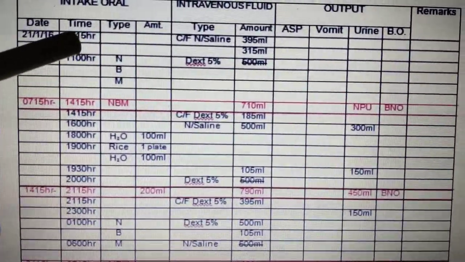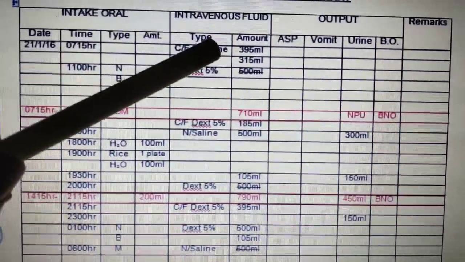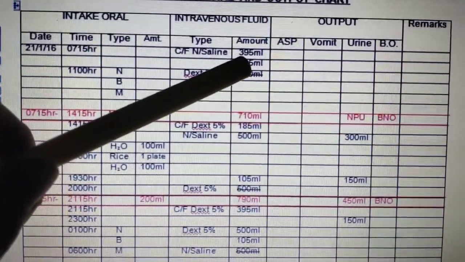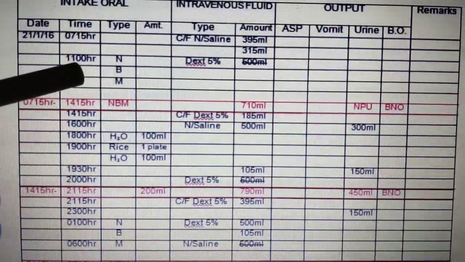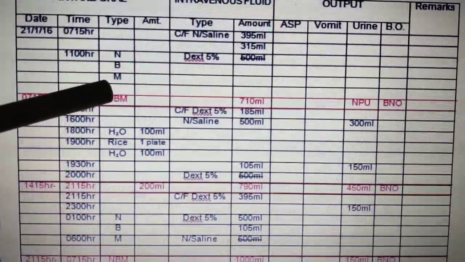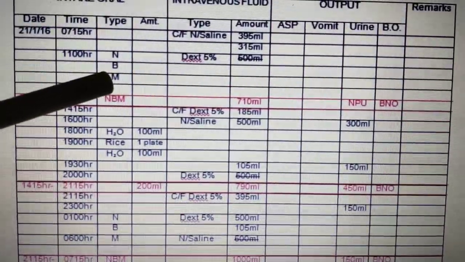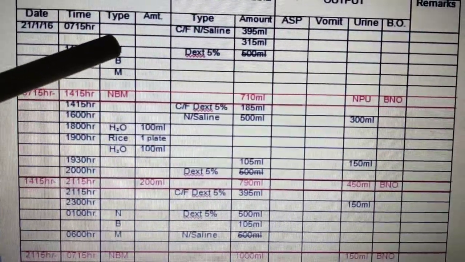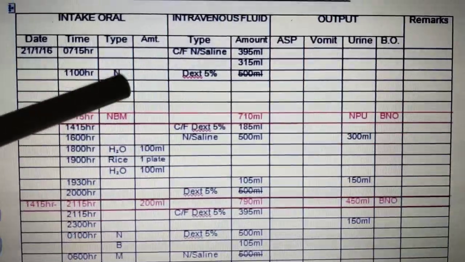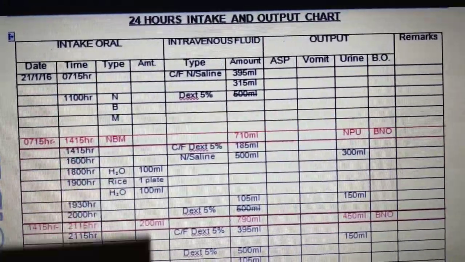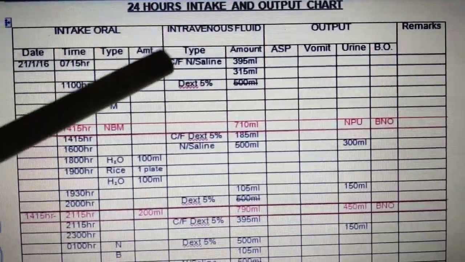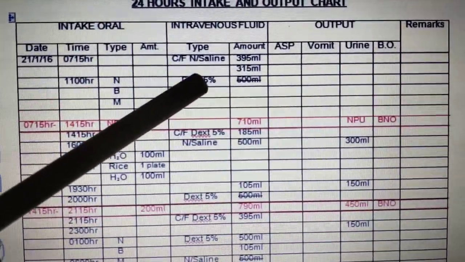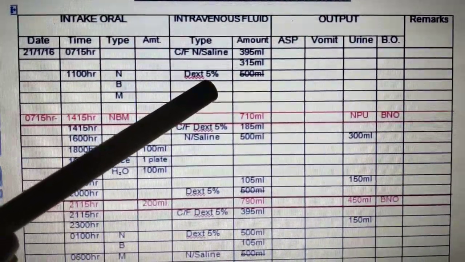See, at 7 o'clock she started the saline, that is 395 ml. Again at 11 o'clock, NBM, nothing but nil by mouth, nothing oral. She is not giving anything orally, that we call NBM, nil by mouth. Okay, then at 11 o'clock she started the dextrose 5%. How much ml is this?